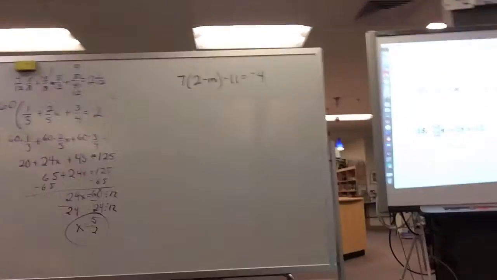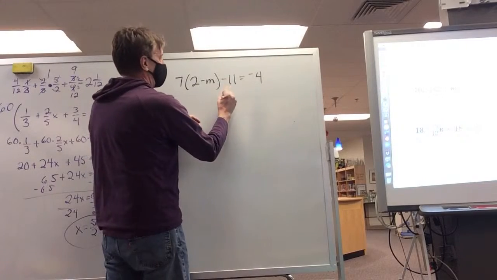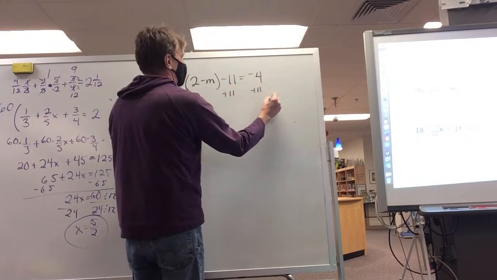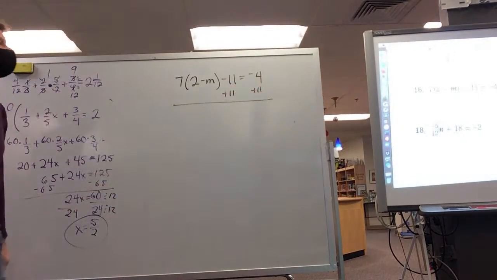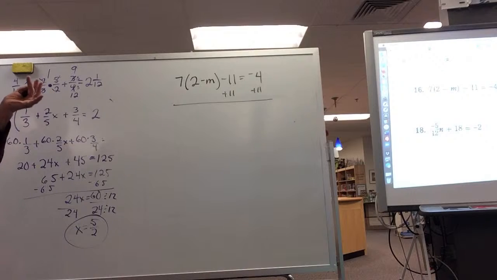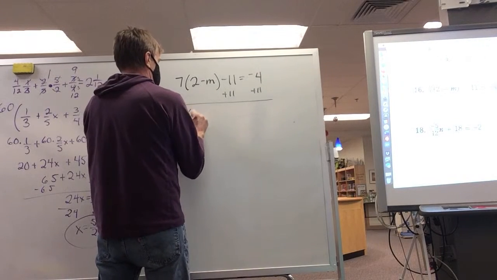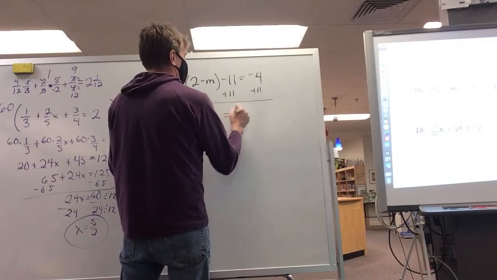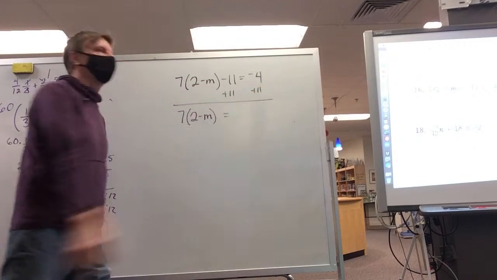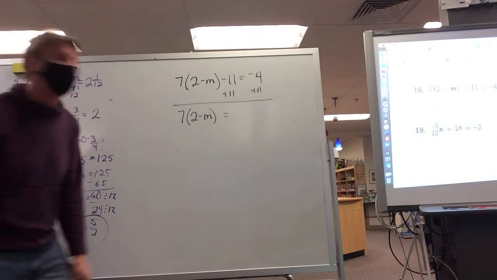If we were to just add 11, that's okay, because we're not doing anything inside the parentheses. We're not violating order of operations. What do you get with -4 added to +11? How much? +7.